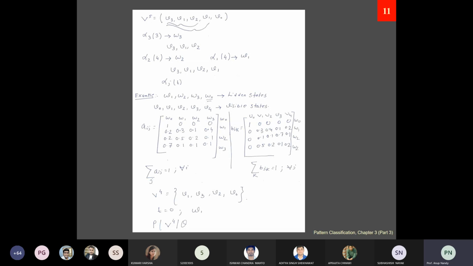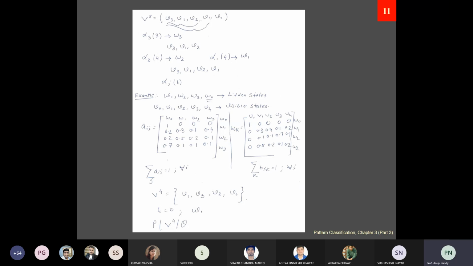Now for example, you have W1, W2, W3, and W0. You have 4 hidden states where W0 is the accepting state, or you can say the final state. Whenever I denote W0 as a final state, it means you cannot come back from W0 to W1, W0 to W2, or W0 to W3.